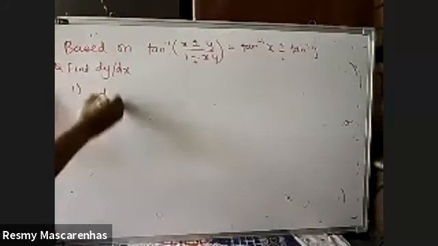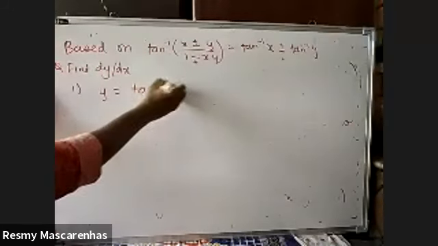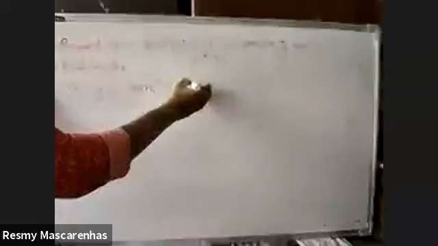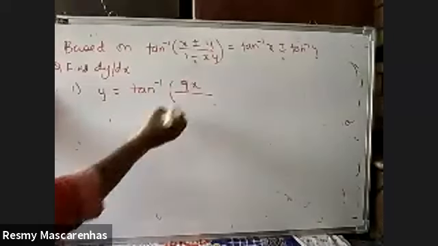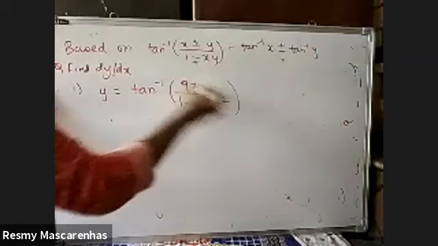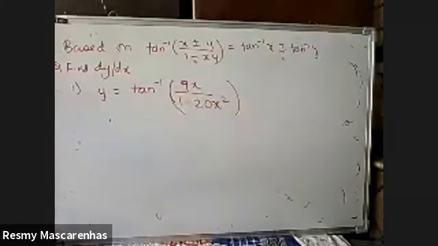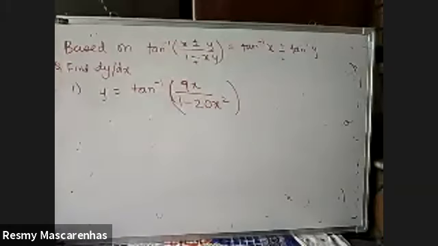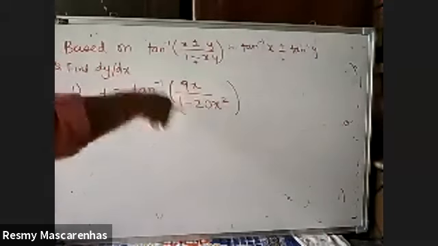First one, tan inverse of 9x upon 1 minus 20x square. Okay, there will be a combination of numbers, tan inverse of something like this.